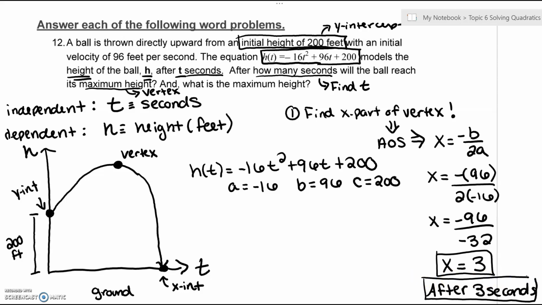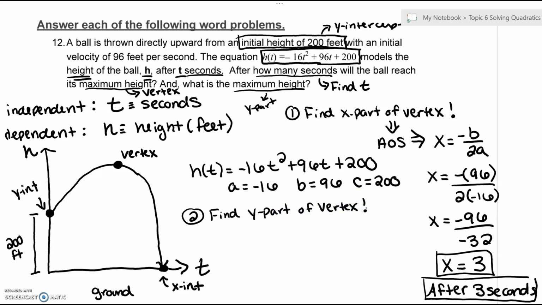So, if I know the x part of the vertex, to find the maximum height, which is a dependent or y variable, I have to find the y part of the vertex. So on the second part here, we're going to find the y part of the vertex. And to do that, all we have to do is plug in the x part.